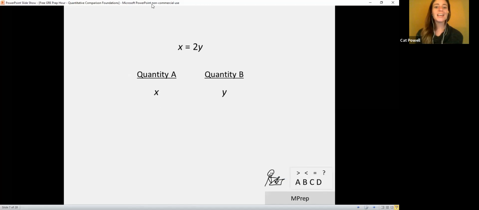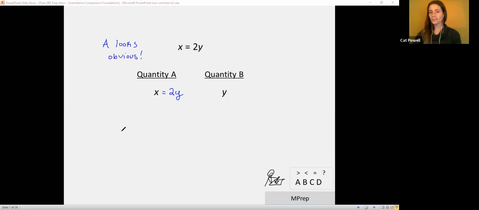Yeah, if we were going really fast, or if we're sort of new to QC, we might say, oh yeah, x equals 2y, so I can plug that in for x. And then I'd see, oh yeah, 2y obviously looks like it should be greater. A looks obvious. And as soon as I see that in QC, I'm going to stop, pause, and think some more.